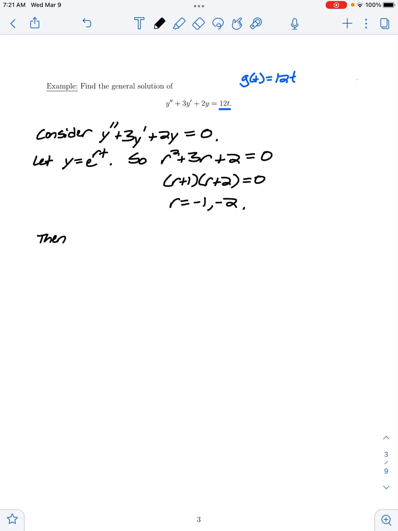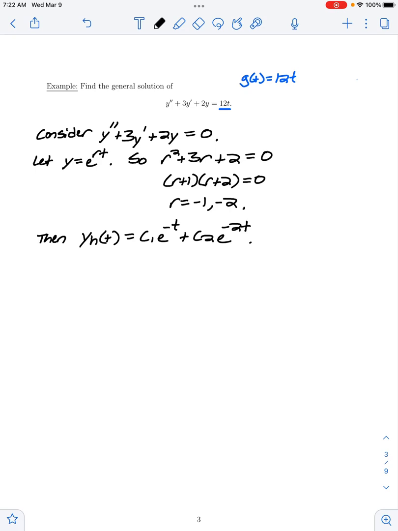So the general solution of the homogeneous equation, which we call the homogeneous solution and denote as y subscript h of t, would have the form c1 e to the -t plus c2 times e to the -2t.